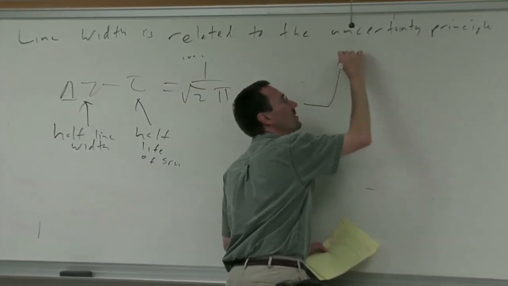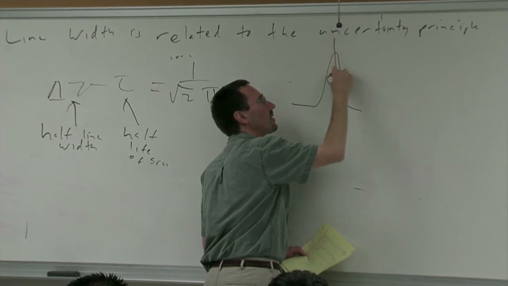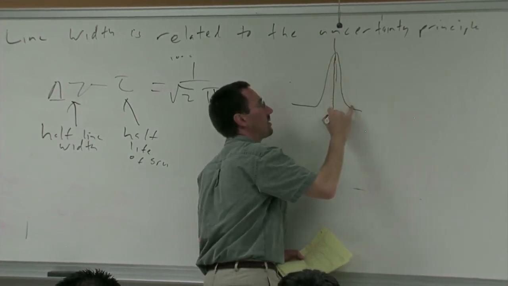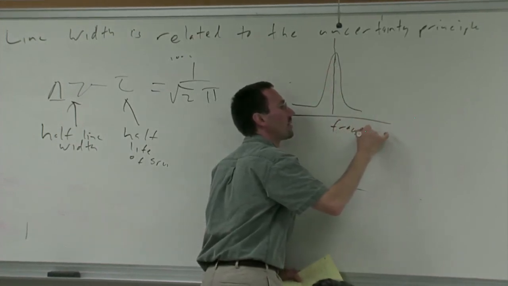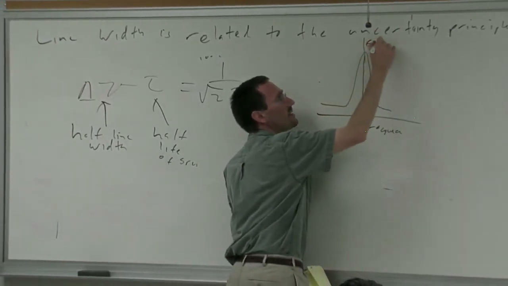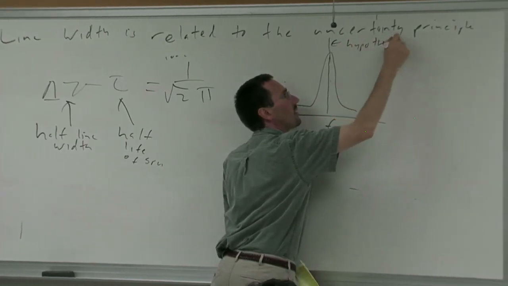So let's come back to our Lorentzian line shape. And let's come to some hypothetical ideal. So remember, we're talking frequency here. All right, so our hypothetical ideal is, this is the hypothetical exact frequency.